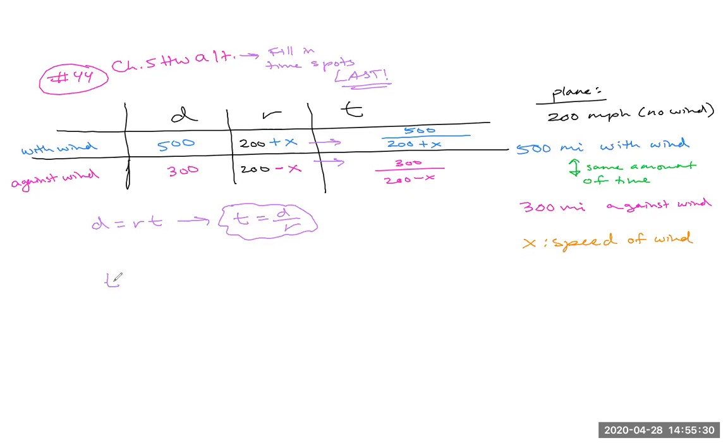Now we have the time with the wind being the same as the time against the wind. So time with wind, 500 over 200 plus x. Against the wind, 300 over 200 minus x.